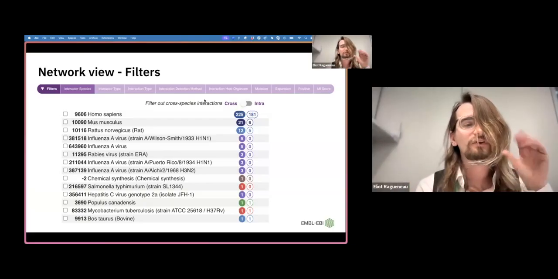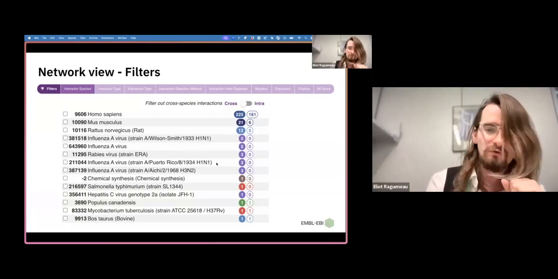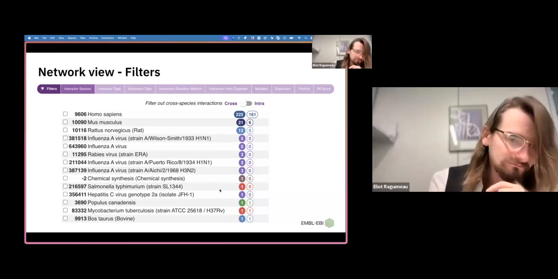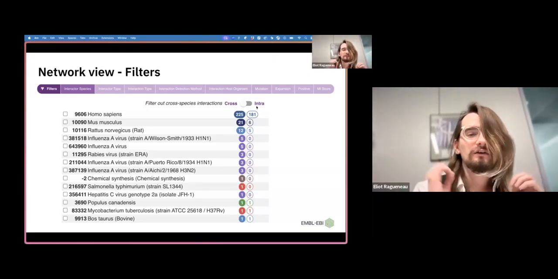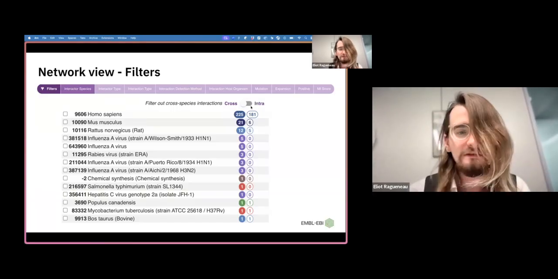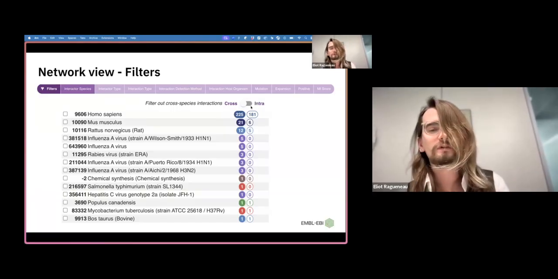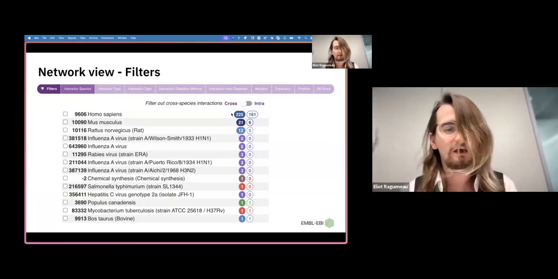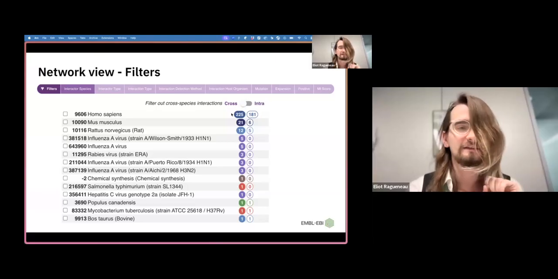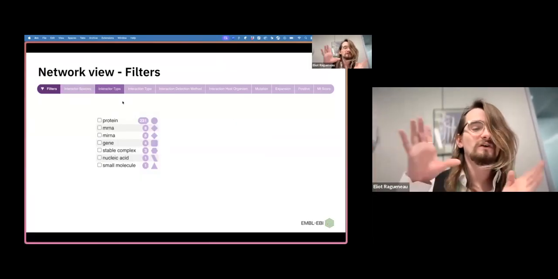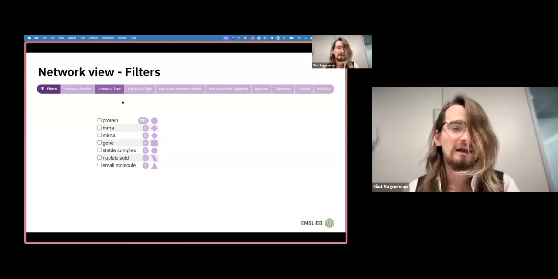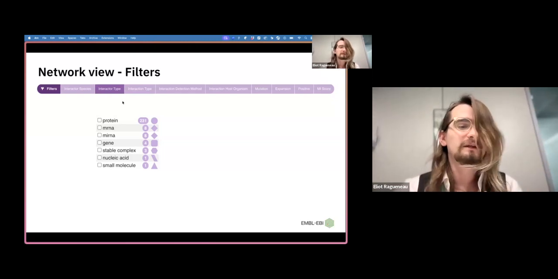The rest of them are human with another species, probably one of the ones below. So you can choose to focus only on human-human interaction by clicking on this, or you can open up to cross-species interactions by leaving that unselected.